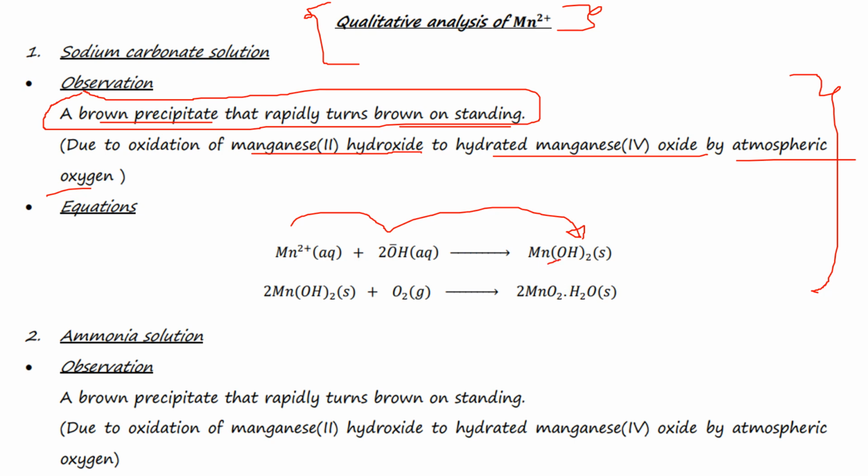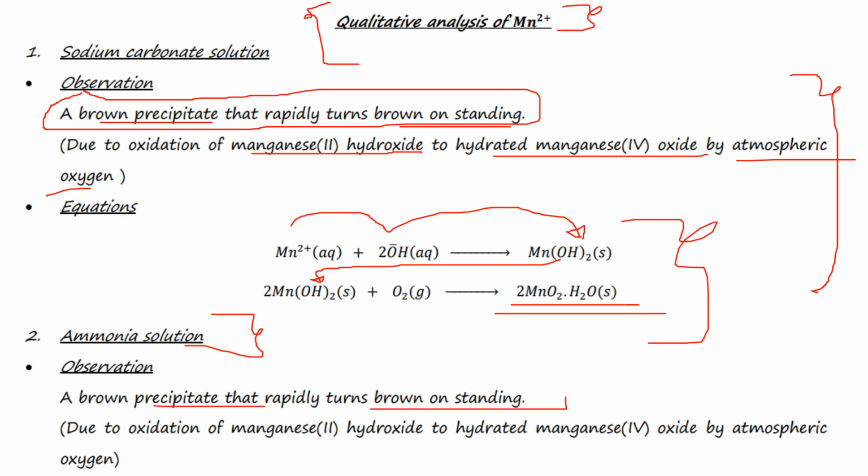But this white precipitate, within a few seconds, is oxidized by oxygen from the atmosphere to form hydrated manganese 4 oxide. Now the other reagent that you're going to look at is ammonia solution. So the observation is also going to be a white precipitate that rapidly turns brown on standing, and the equations are going to remain the same as the one for sodium carbonate, and the explanation is going to remain the same.